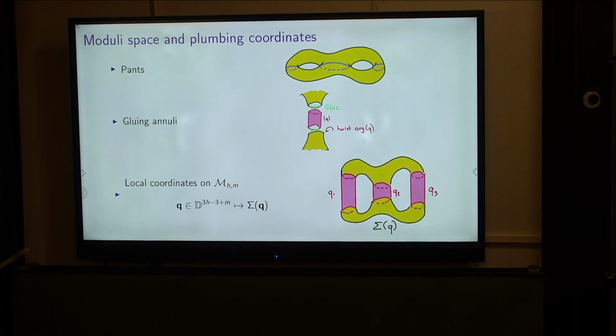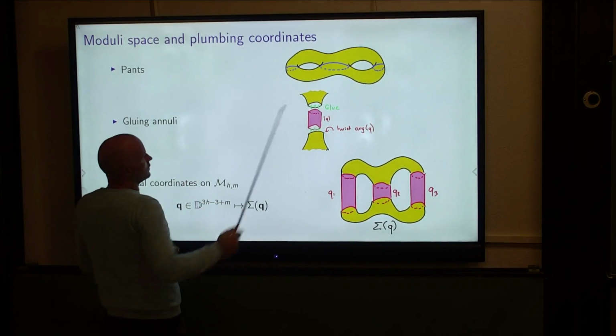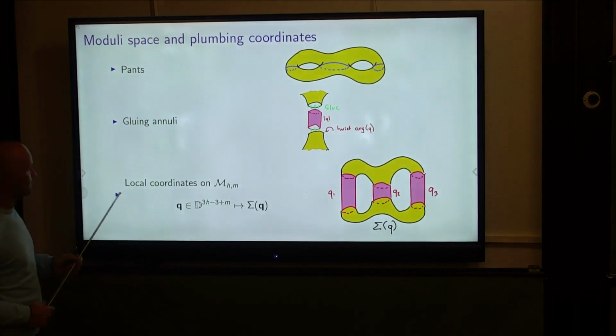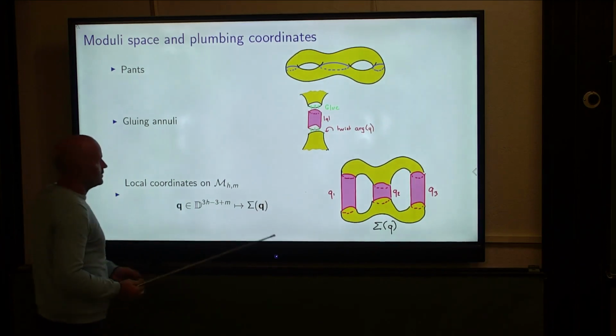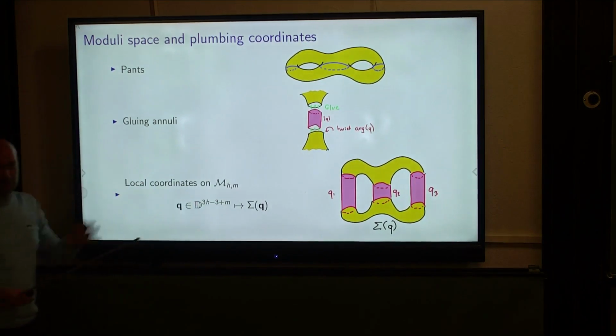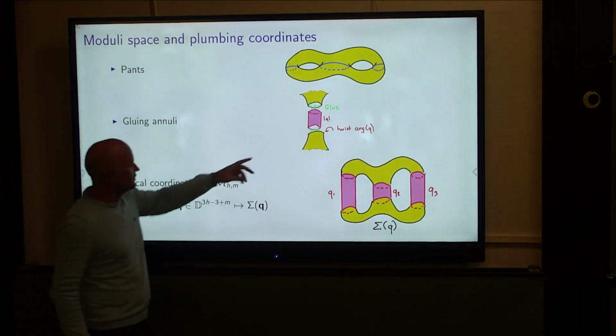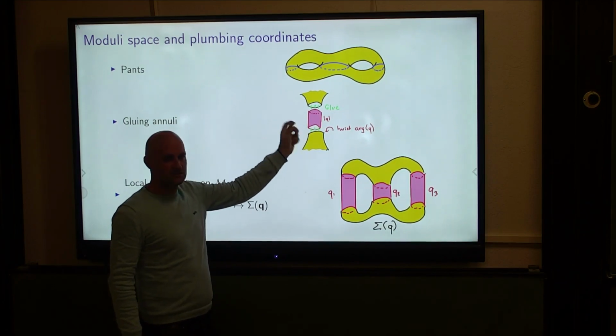One way to do it is to split your surface along a pair of points, and this is one example. Then at the splitting curves, you insert an annulus. This annulus has two parameters: the length of the annulus and the eventual twist.